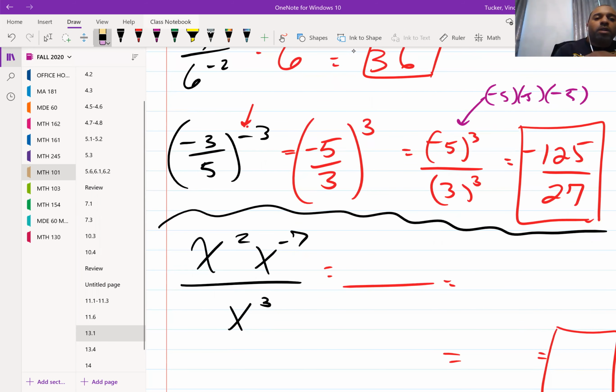All right. Now we can break it up. 25 over 4, p's over each other, q's over each other. And that's what we have right here. And don't forget, whenever we're dividing, we're subtracting our exponents.